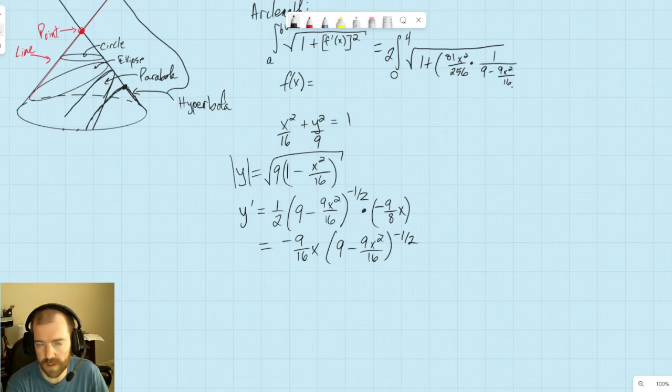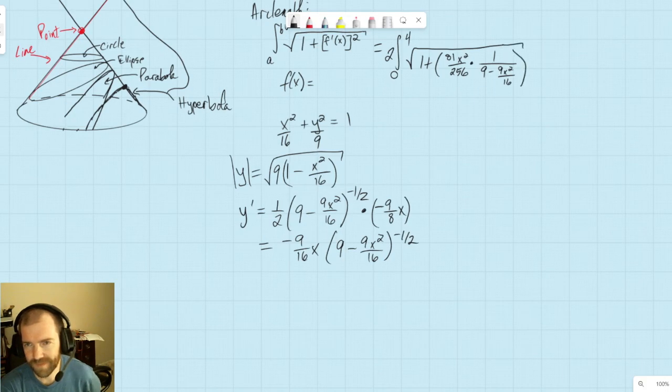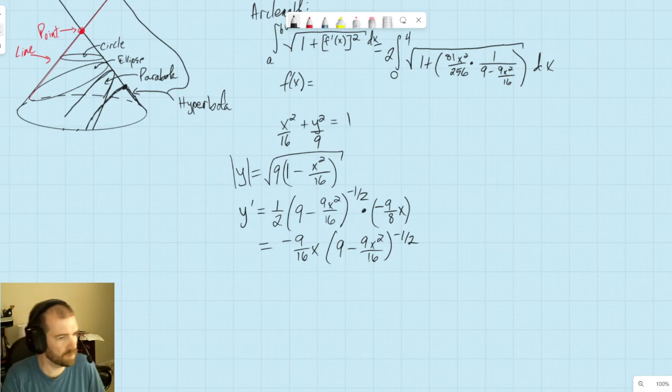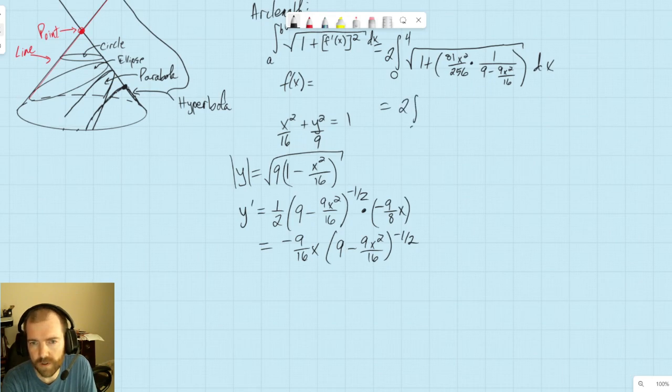It's 16. Now we can pull the dx. Twice the integral from 0 to 4.